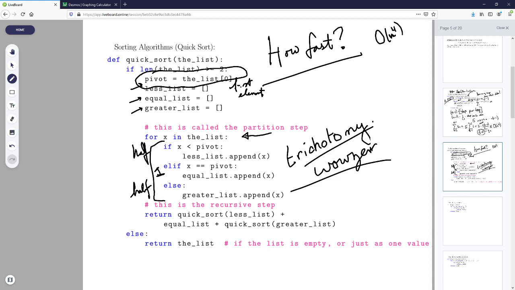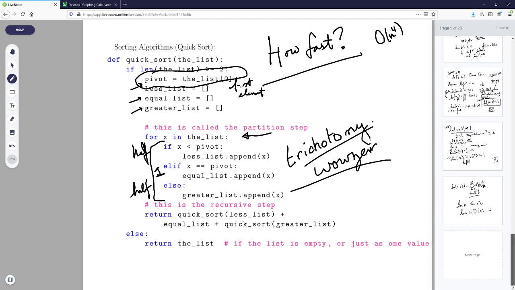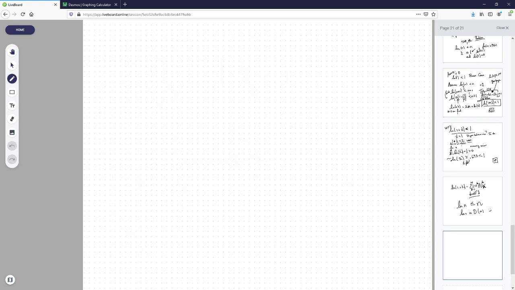So here's a question. How many steps does this thing go? Let's think about it. Let's pretend it's dividing the list in half each time. So what it's doing is it's saying, let's pick a pivot.